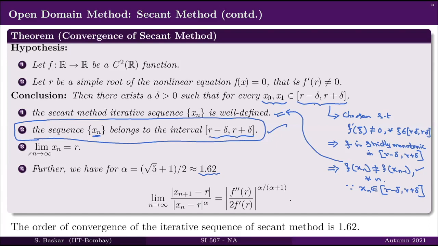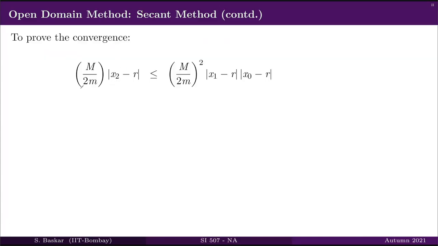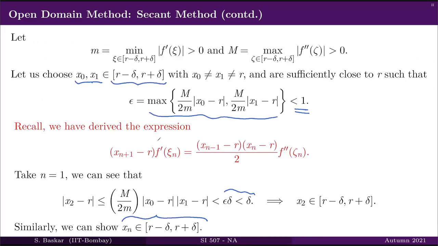Let us now prove the main conclusion, that is the sequence xn converges to r. To prove the convergence, first observe this inequality. How will you get this? Well, again, in the last slide, we have obtained this.